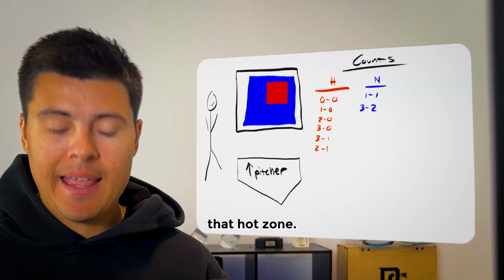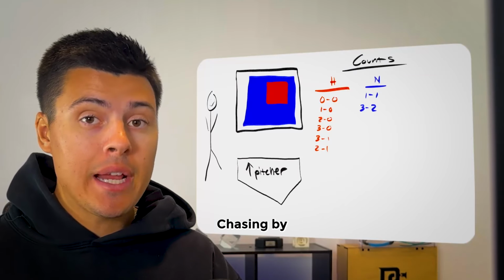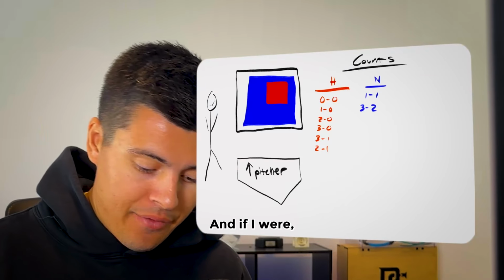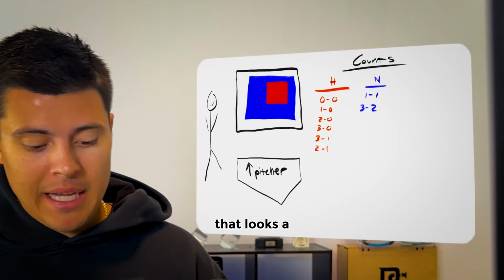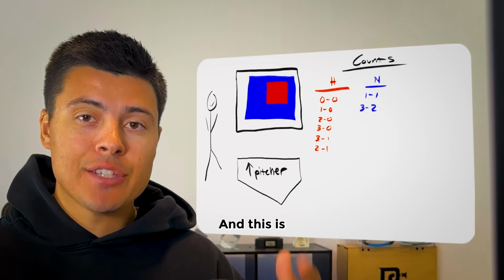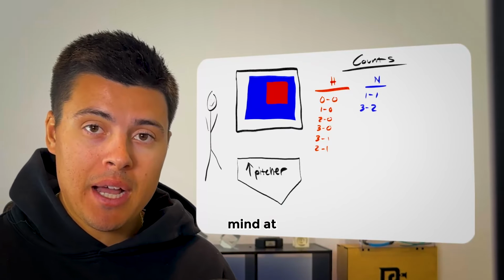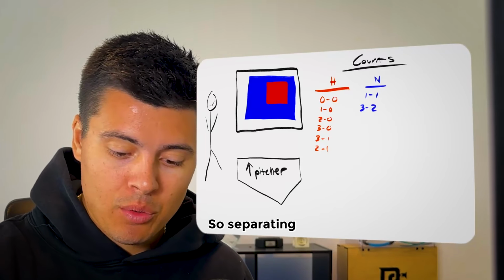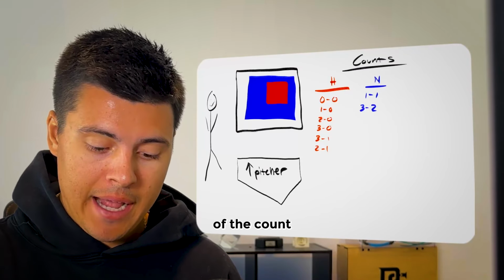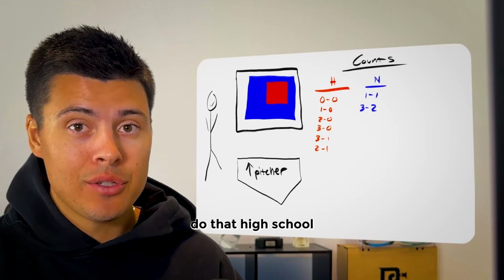We're still in that hot zone. We're not necessarily chasing by any means. And if I were, I would probably even shave a little bit off that bottom. So yeah, that looks a little bit better, right? And this is all going through a hitter's mind at the college level, and if not at the professional level. So separating your approach based off of the count is something that college hitters do that high school hitters do not do.